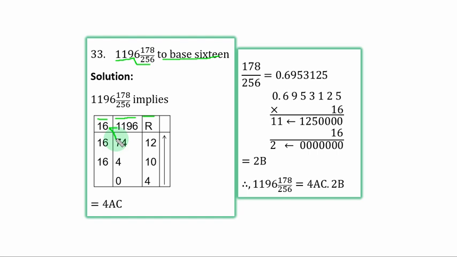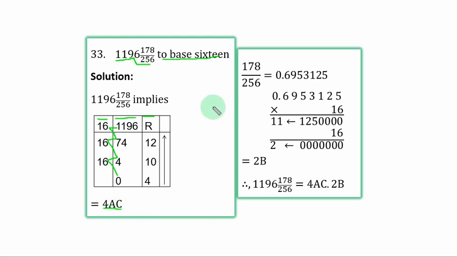Remember, divide 74 by 16, you have 4, remainder 10, which implies A in base 16. Divide 4 by 16, you have 0, remainder 4. So our answer is 4AC, not 4, 10, 12. You use letters to represent digits 10 to 15 in base 16.